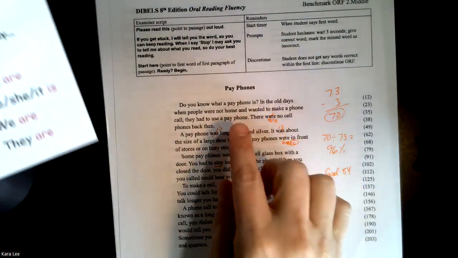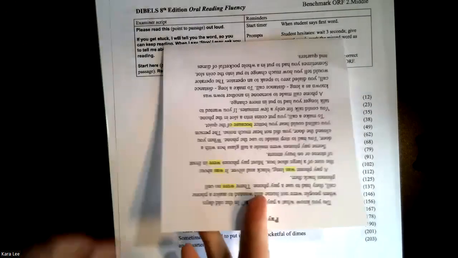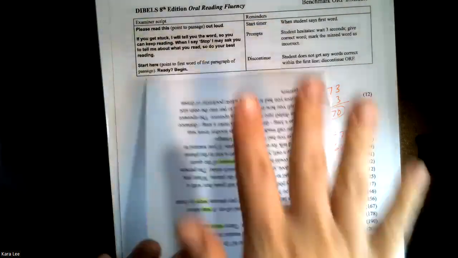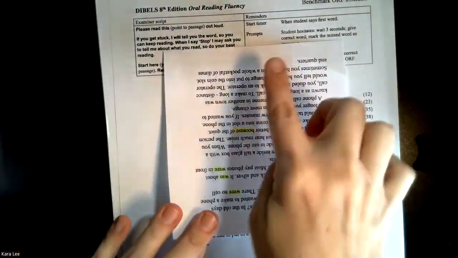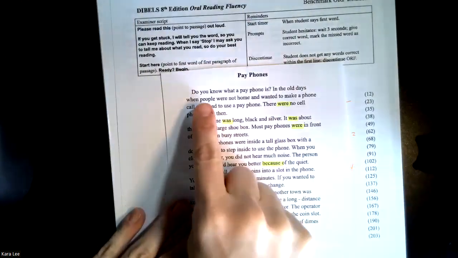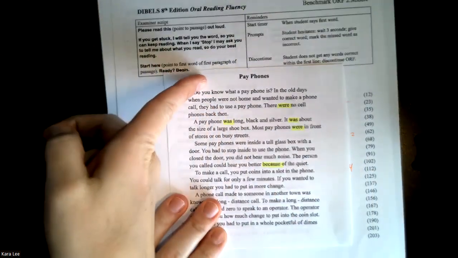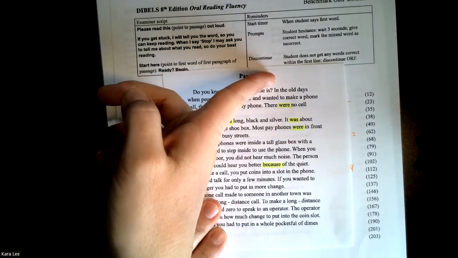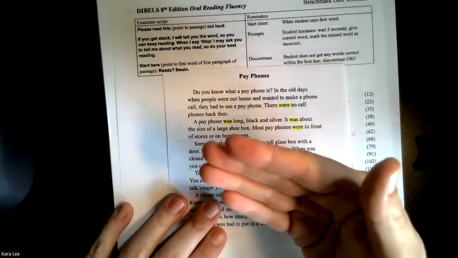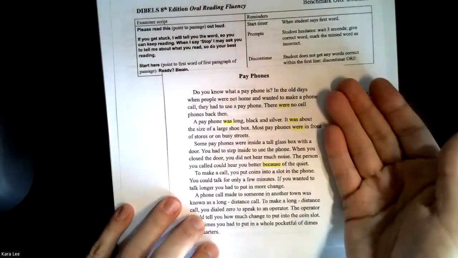So what I would do here is point out to my student, hey, let's talk about this a second. Something I noticed, and I'm facing this toward the student, is that it says, do you know what a payphone is? So the author is starting here by asking you a question.